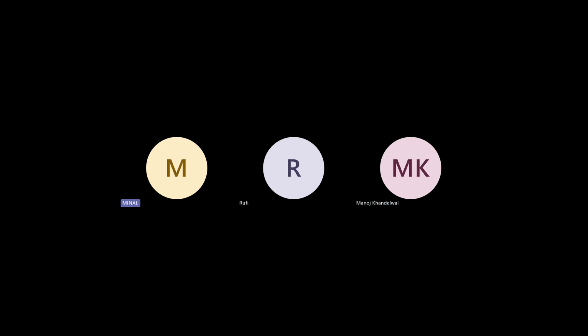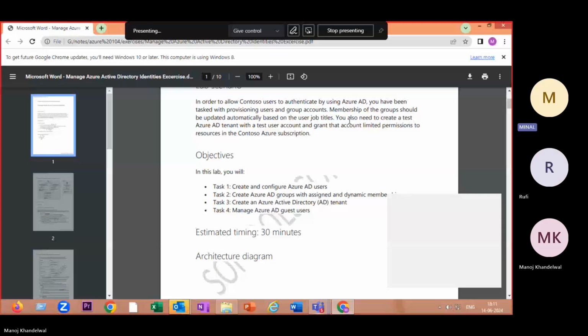Then we went into Rufi's account, and then we created a new administrator user. You gave the job title, address, email address. Then object ID was there. Then that user created another user who had lesser access.